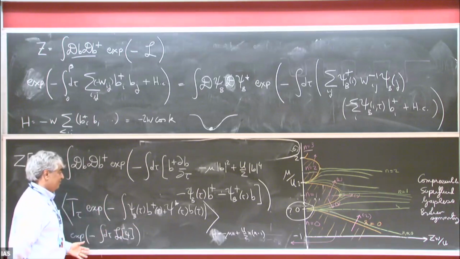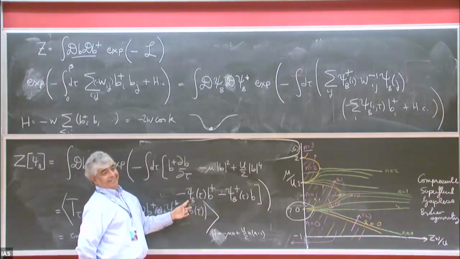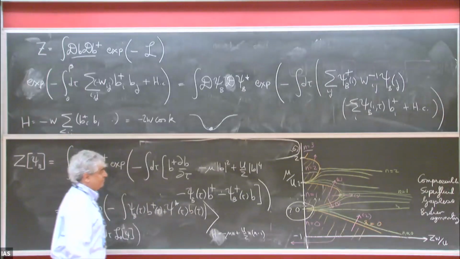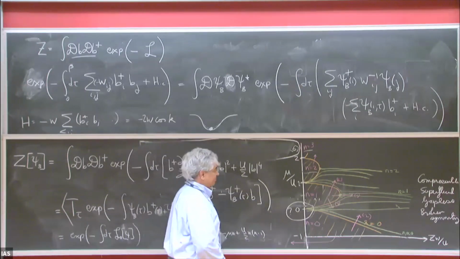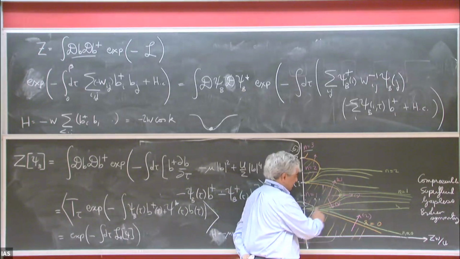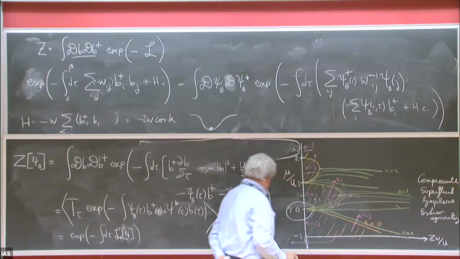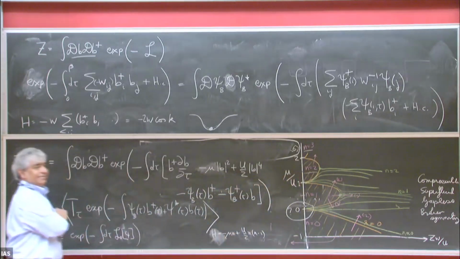I can't usually evaluate it, but the way I evaluate it is by expanding in powers of psi. And the reason I'm happy to expand in powers of psi is because I'm crossing a phase boundary where psi goes to 0. The psi is 0 in mean field theory on these orange lines. So near the boundaries, I can expand this in powers of psi.